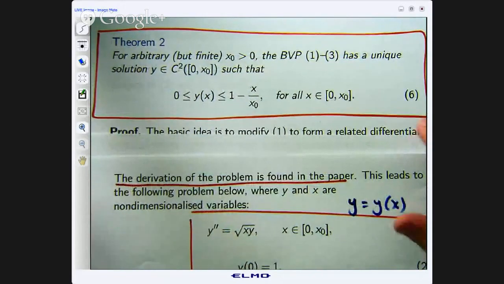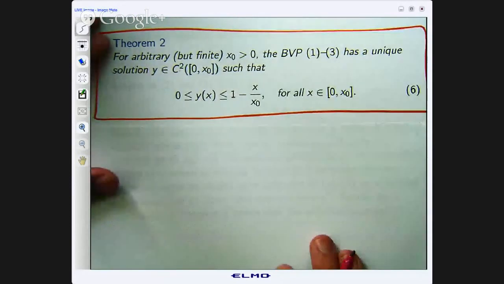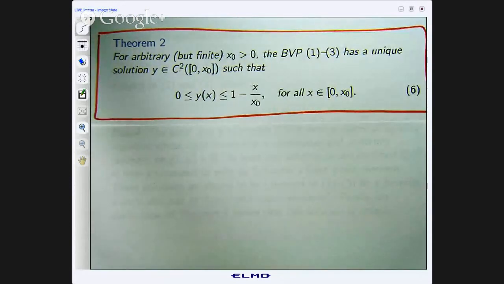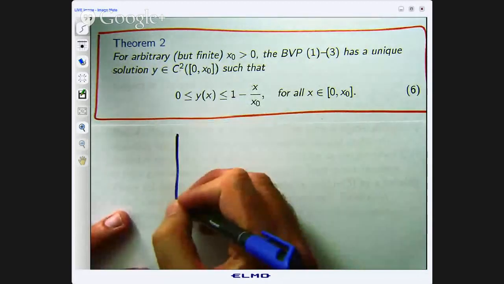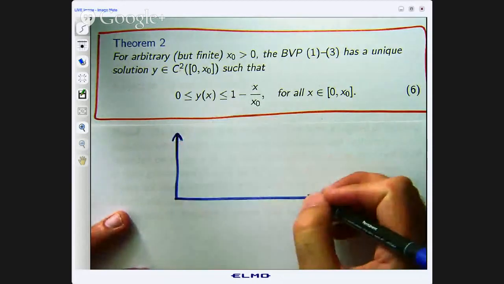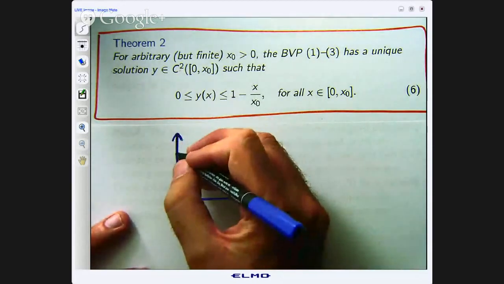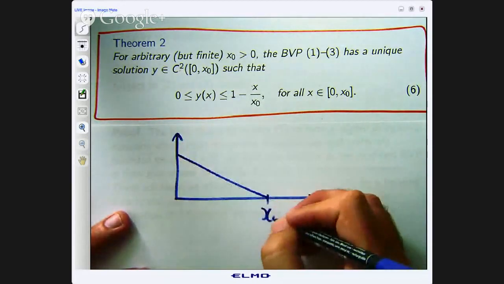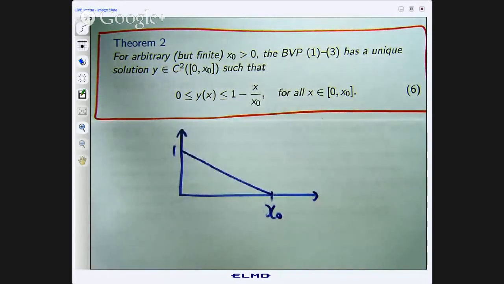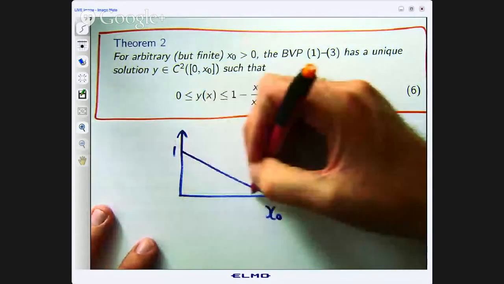Okay, so let me just draw a little picture before I get down to the proof. So what does this mean? Well, it means that the solution, let's say that's 1 and that's x0. The solution lies between this function and this function.